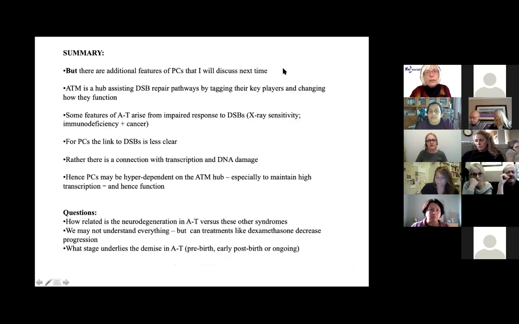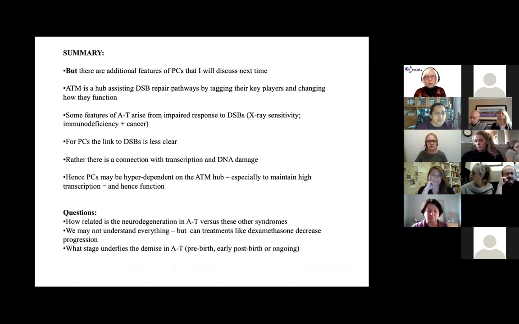So just to then try and summarize what I've told you, I should say right at the beginning, there are some additional features of Purkinje cells that I will try and discuss next time. I just didn't want to talk for too long and I hadn't had time to go through them, but that all adds to the picture.